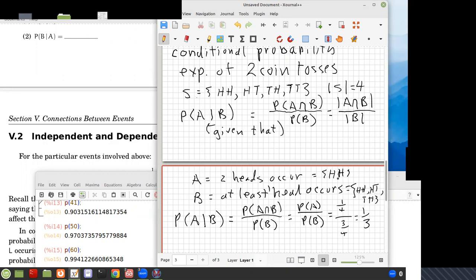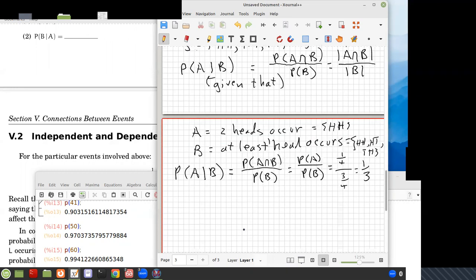Now, if I didn't do the probabilities directly, but used the counting form, this would be 1 and this would be 3.